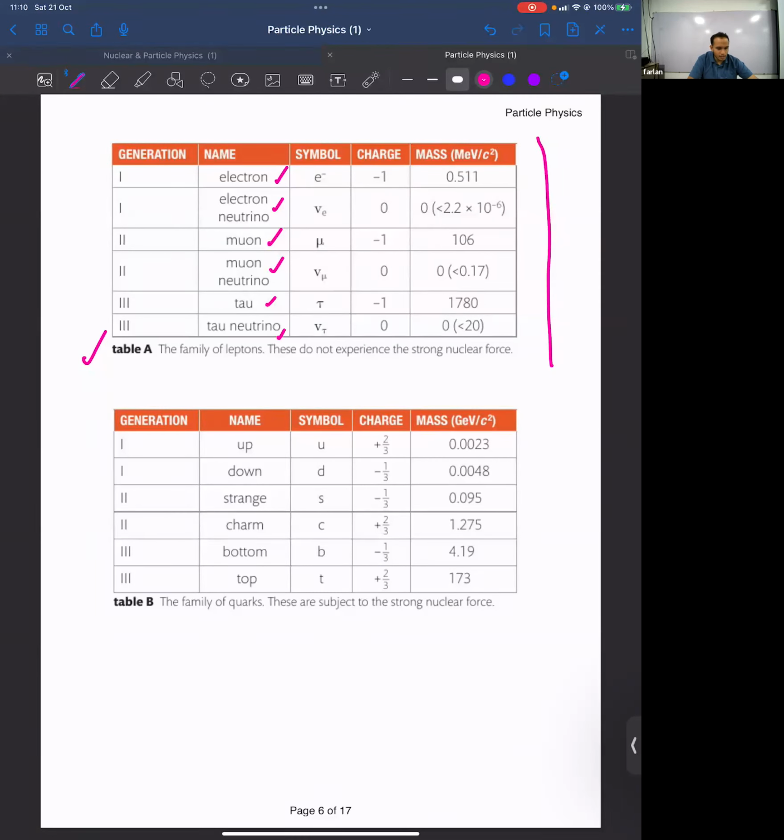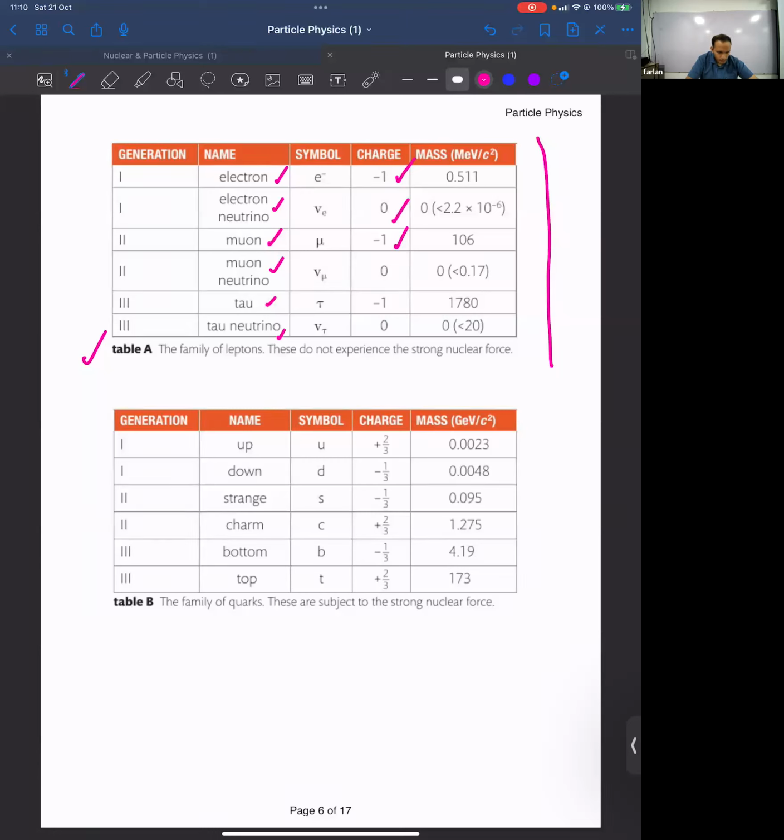Electron has a charge of -1, we know that. What is considered as 1 here is 1.6 times 10 to the power -19 coulombs. So electron has a charge of -1. Electron neutrino doesn't have a charge.